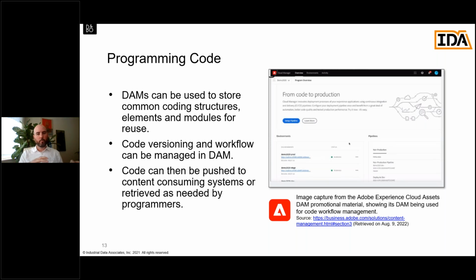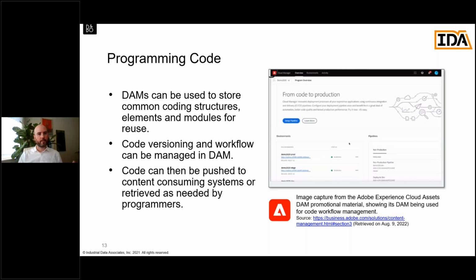So workflows can be controlled in DAM, roles can be set up, like Kanban boards, and we'll talk about some of those functionalities in a little bit more detail. But DAM can be really used as a way to help prepare something for production, for live use, and so code is a key asset that can be used in DAM.